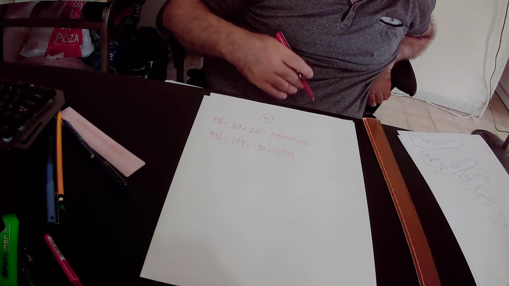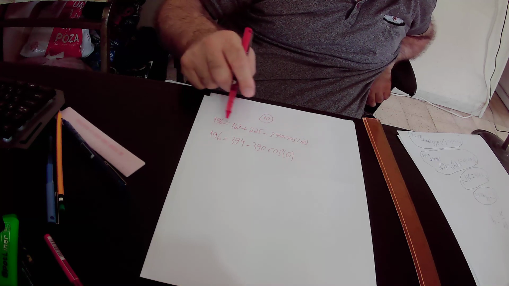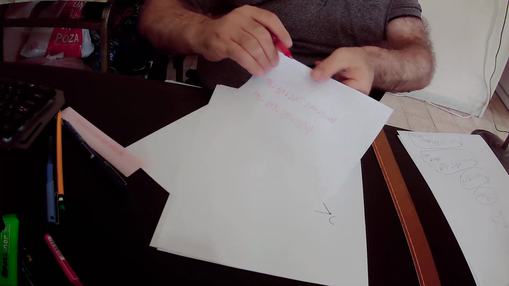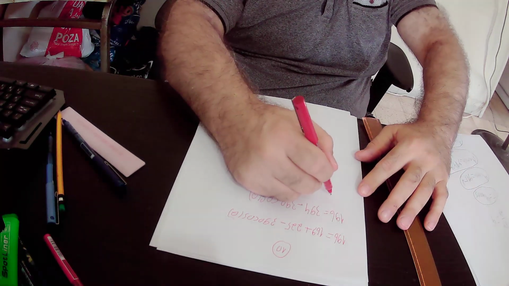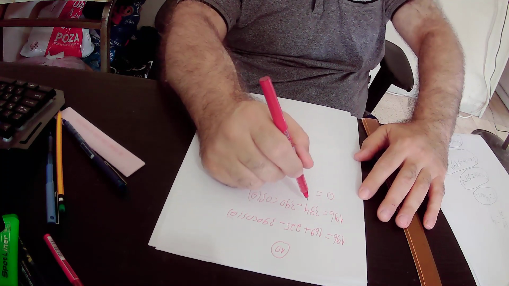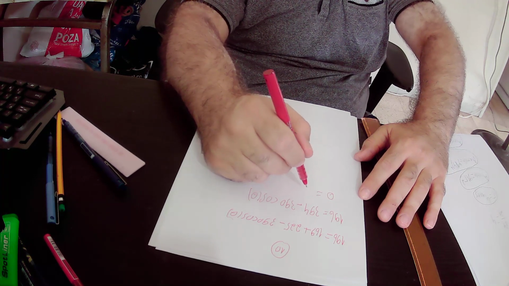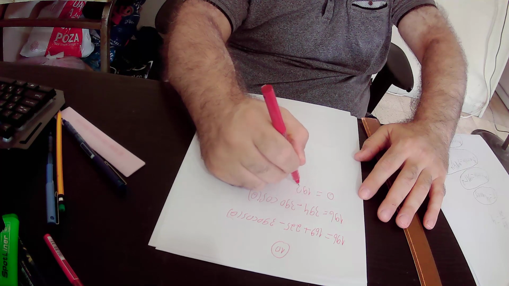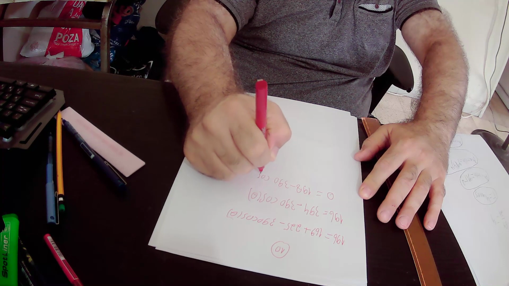Here we will subtract 196 from this equality and we will get that 0 equals 394 minus 196 equals 198 minus 390 cosinus theta.